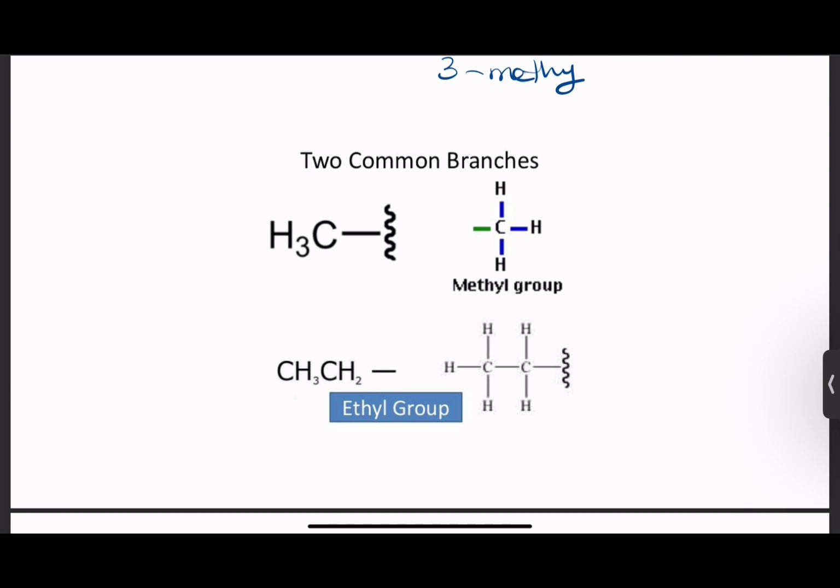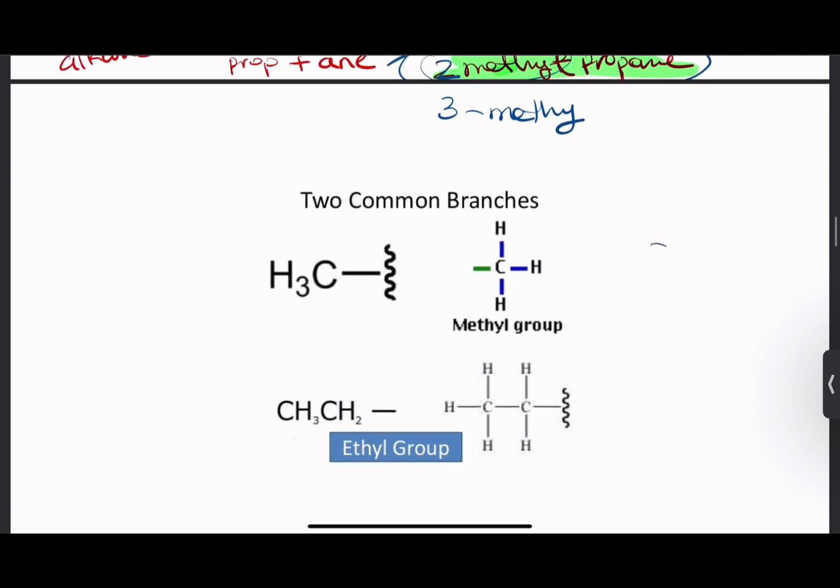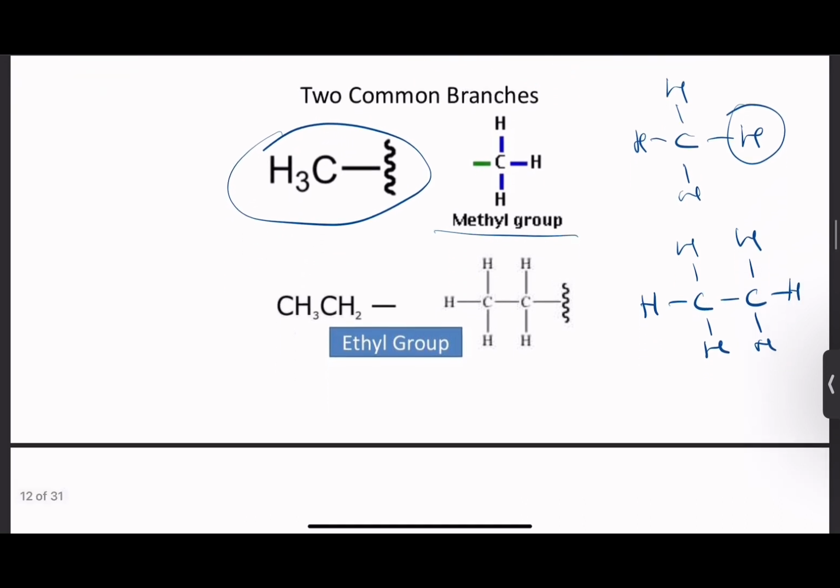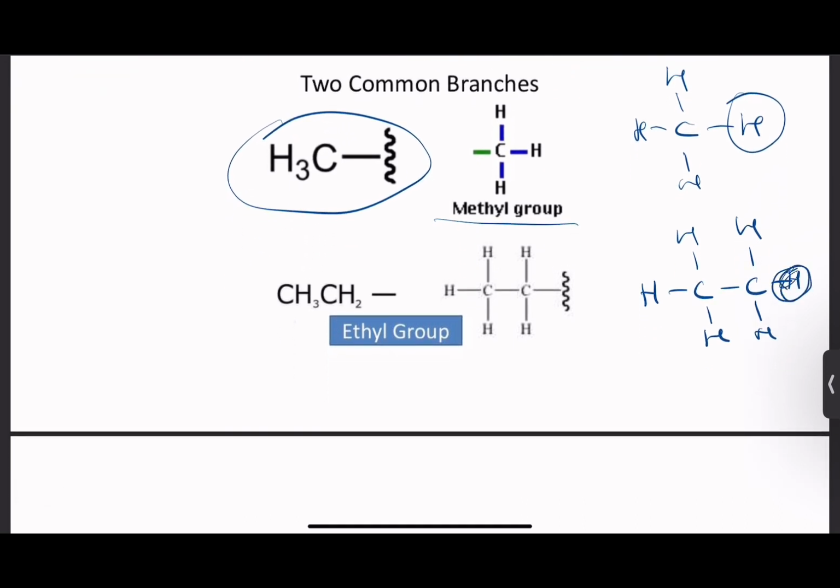So now we're going to review what is methyl again. So I told you this is methane, and then you remove one hydrogen, it becomes methyl. Okay. Now, if you remember, we had also ethane, which is C2H6, and then you remove hydrogen, and it becomes, this was ethane, and this becomes ethyl group once you remove this hydrogen.